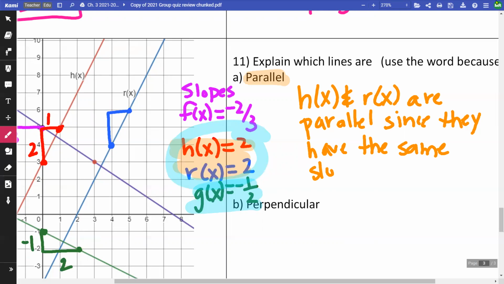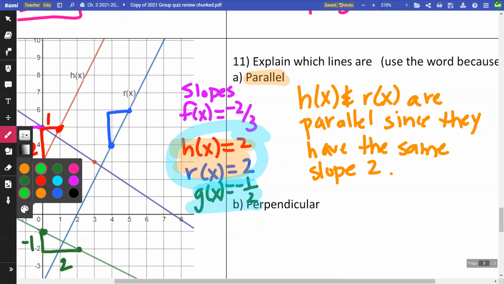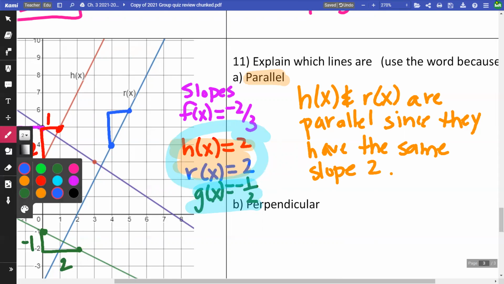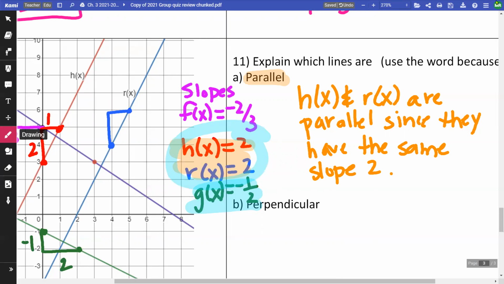That same slope is 2. Then if I am talking about my -1/2, so -1/2 and 2 are negative reciprocals.